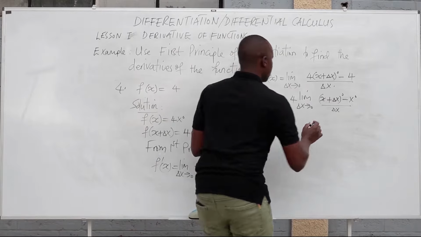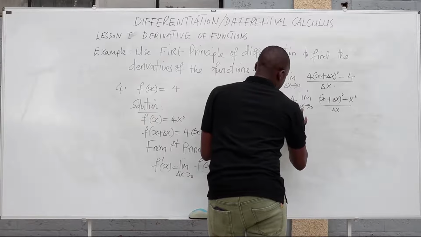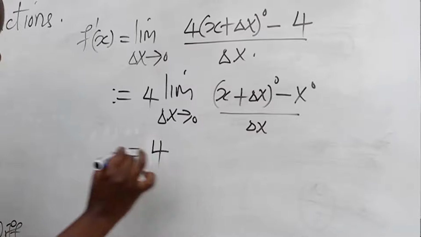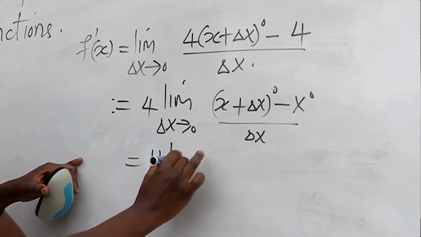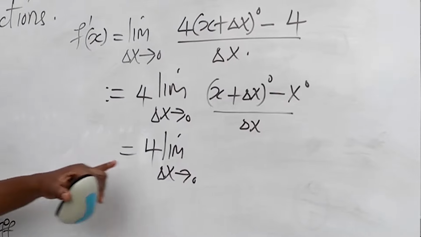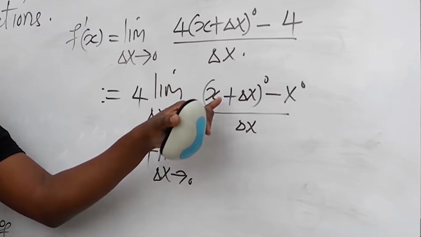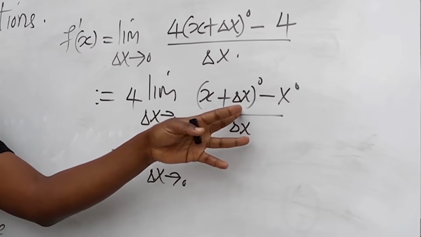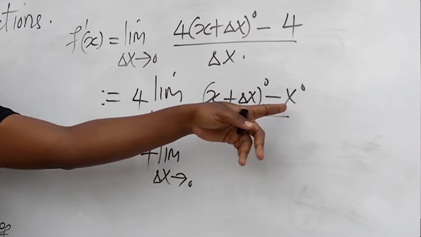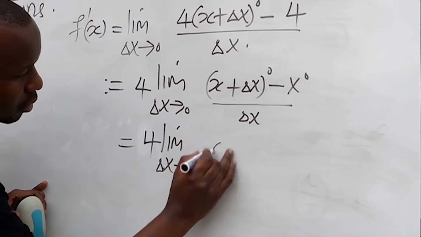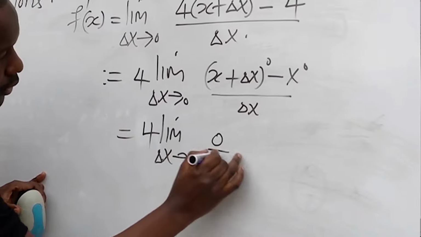So from here we have this 4 value, then the limit as change in x approaches 0. Here, x plus change in x raised to 0, the expression becomes 1. And x raised to 0 also becomes 1. So it will become 1 minus 1, which gives 0 over change in x.